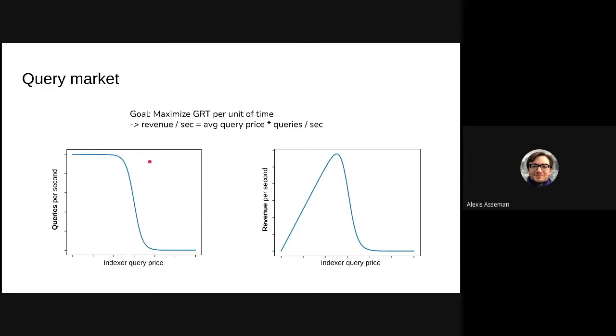So you can guess that you want to be somewhere over here. That's where you'll make the most money. That's the market price, right? Another way to show this is to compute a revenue per second metric, which is pretty much the price times the number of queries per second. And it looks like this, as you may have expected. And you want to be here, right? Maximum money, of course.